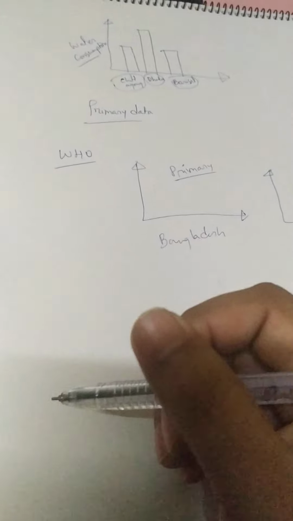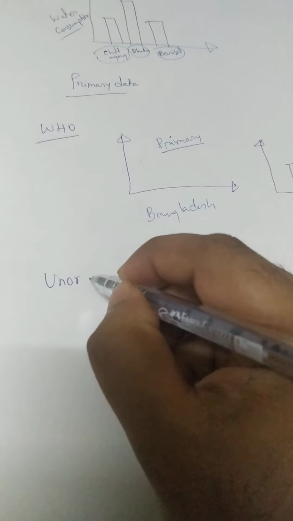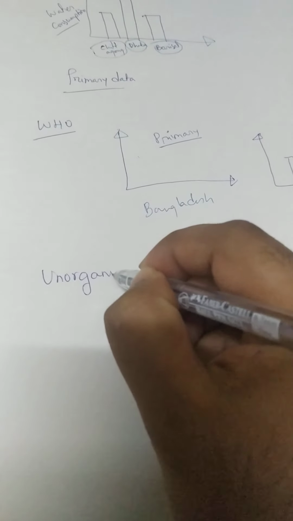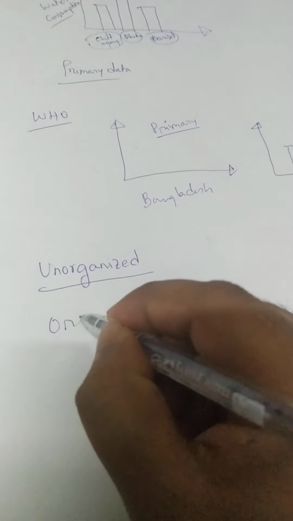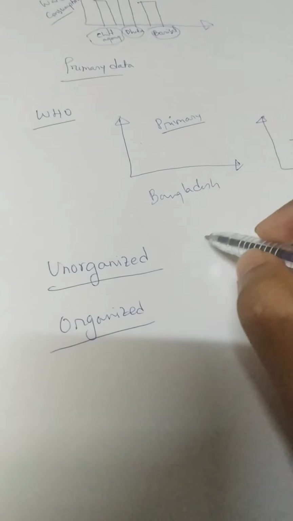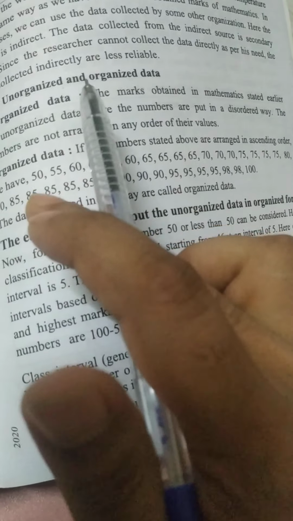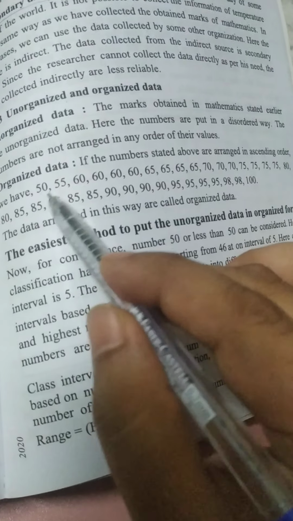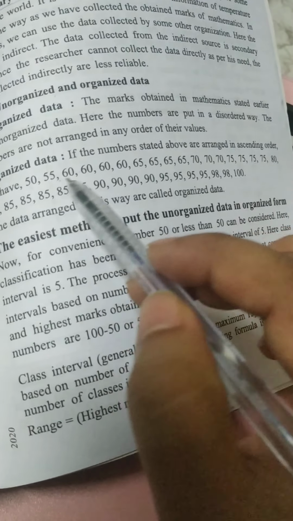Next, moving forward, we have the classification on the basis of whether the data is organized or not. So unorganized or organized, we already know what organized data and unorganized data are. Suppose I have a lot of information. If the data is in ascending order, you can see 50, 55, 60, 65, 70, so it's going in ascending order.